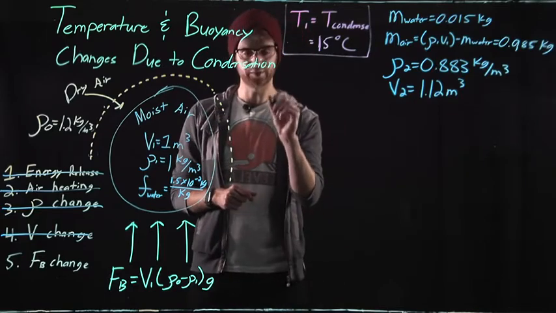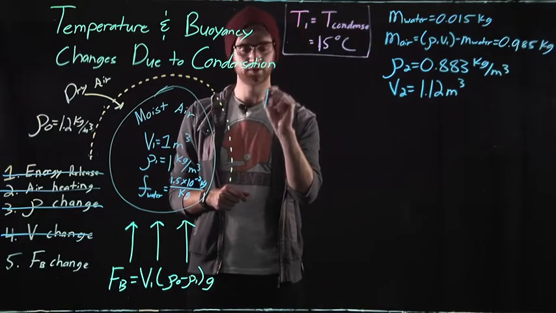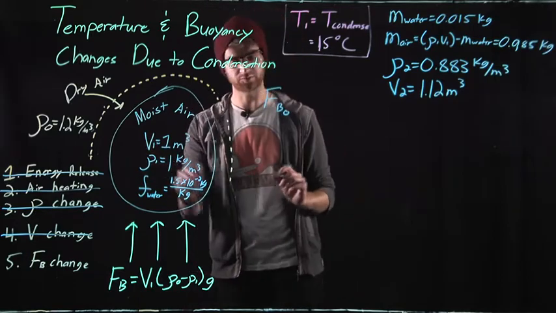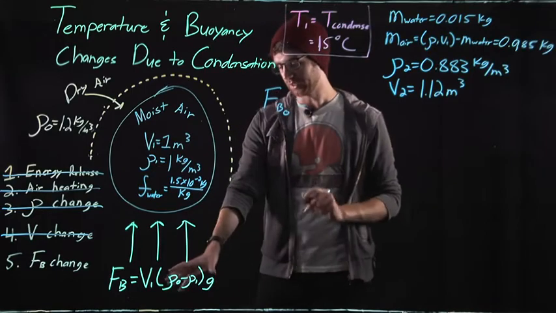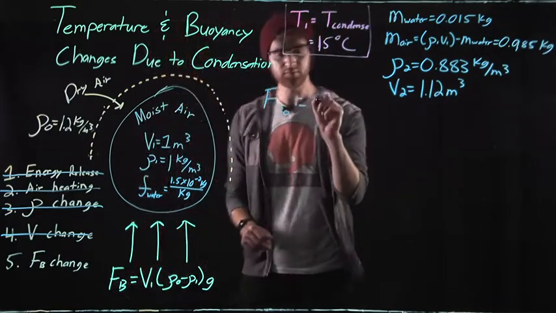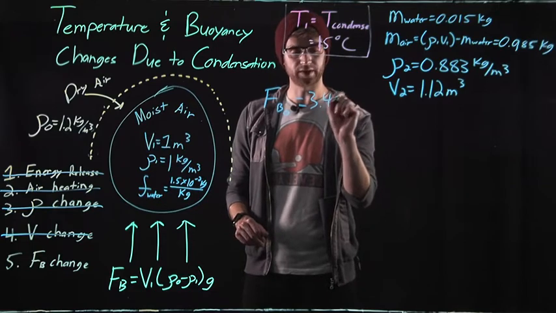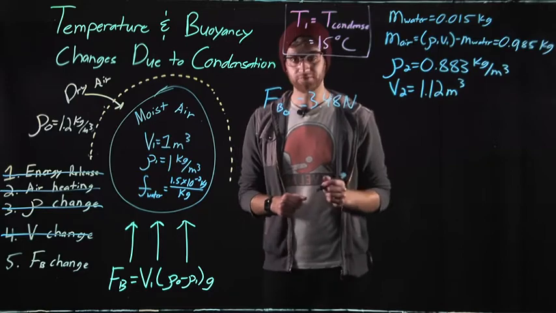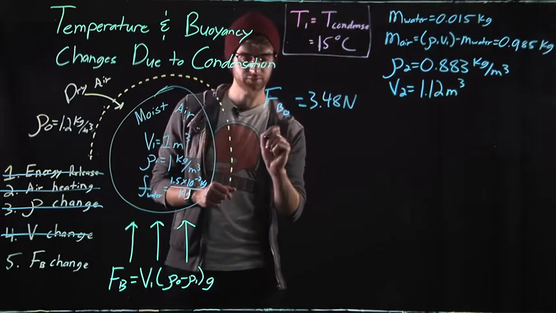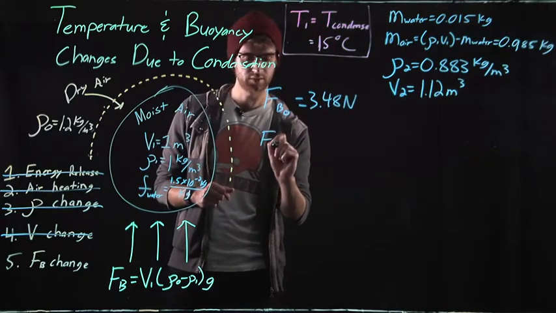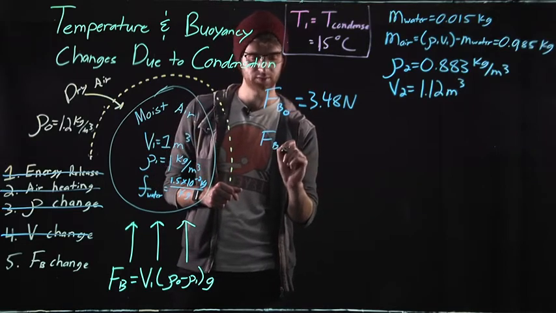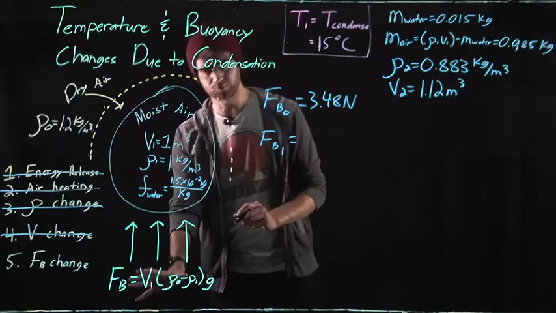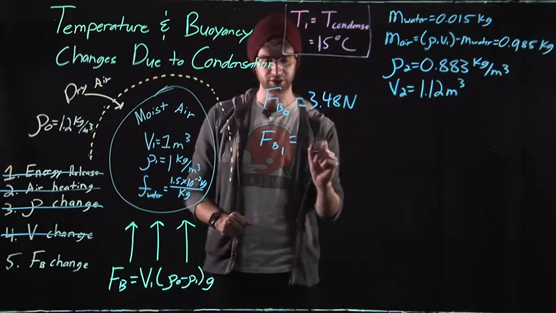Okay, so when we carry out this calculation, we'll say that F buoyant naught, or the original buoyant force before condensation, equals, and we plug in these values, and we get 3.48 newtons. Okay. So what about the buoyant force after condensation? Let's call this F buoyant, I guess we'll call it FB1. All right. Well, we need to rearrange this formula a little bit because things have changed.